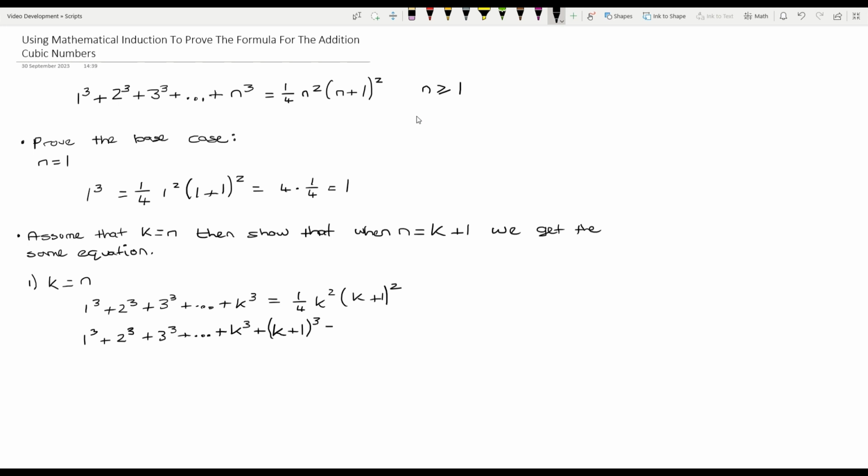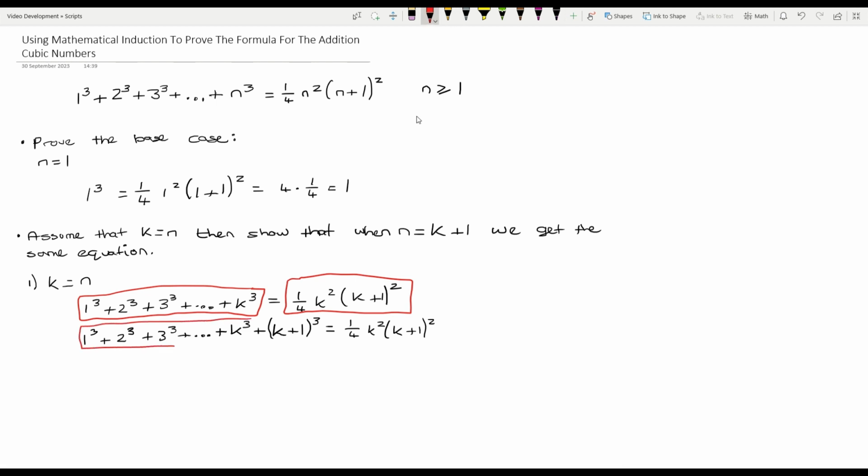Because this chunk here is the same as this chunk, we can then say that this new equation is equal to a quarter of k squared (k plus 1) squared, and this accounts for this part of the equation, because these two things are the same.